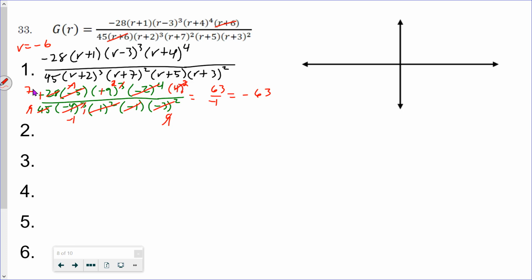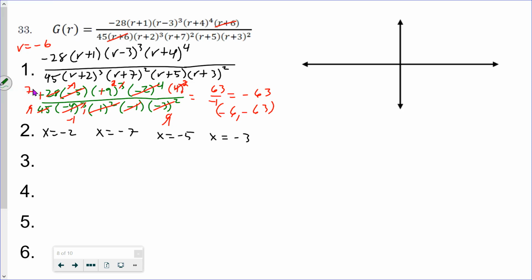So my hole is at -6, -63. I have vertical asymptotes at -2, -7, -5, and -3. And that's because I set each factor in the denominator equal to 0. And these are the factors I get.